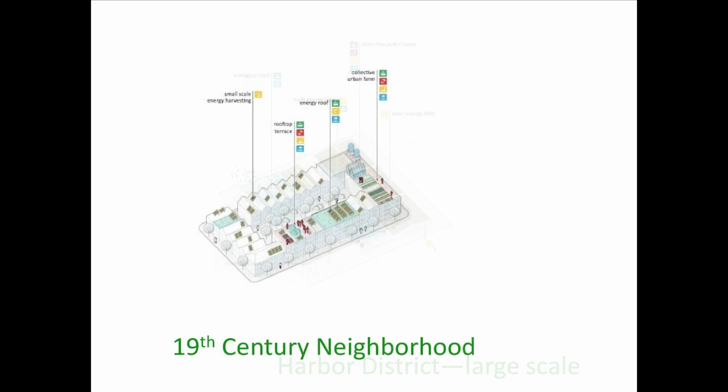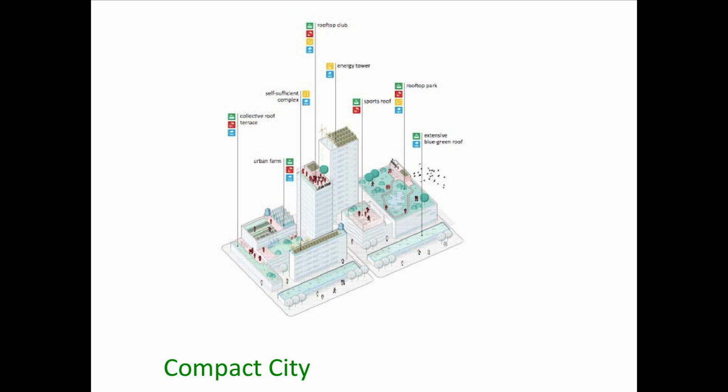Then we have ones for older neighborhoods employing a very different kind of green roof. One for areas of more high rises, and I guess I only had 3 of them up there. But the idea is that these are then designed for particular areas and then built to scale in particular areas as well.